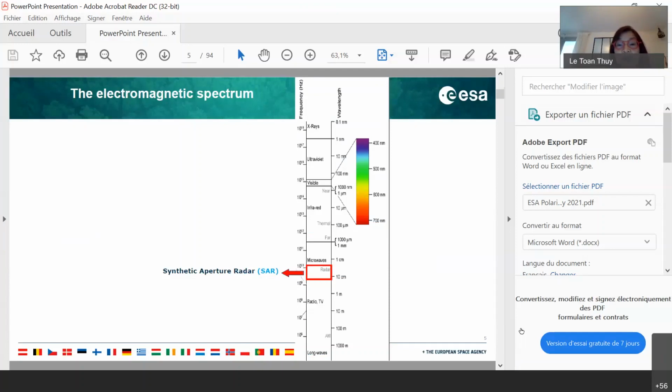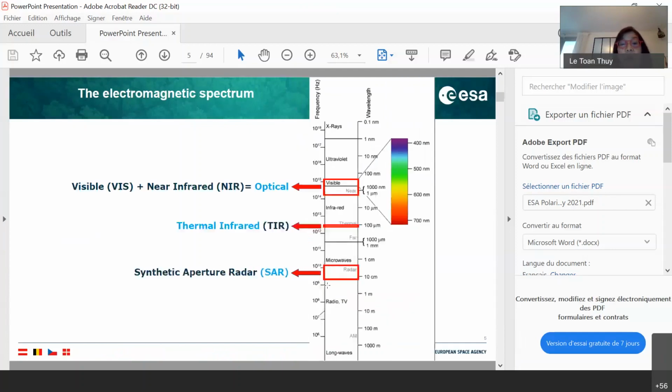Here you see a small part around 1 centimeter to 1 meter, bigger than that for the P-band. And if I compare to the thermal infrared and visible and near infrared, it's optical, infrared, and the SAR. So the spectral bands here, and here we are very familiar with optical remote sensing using the visible and near infrared wavelength.